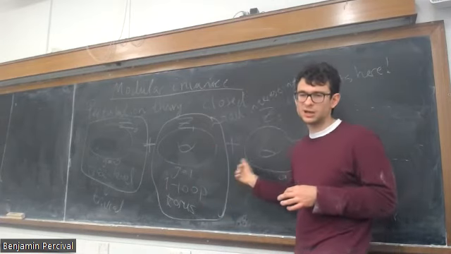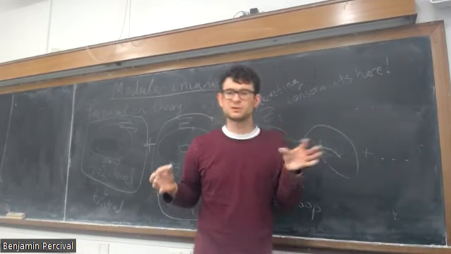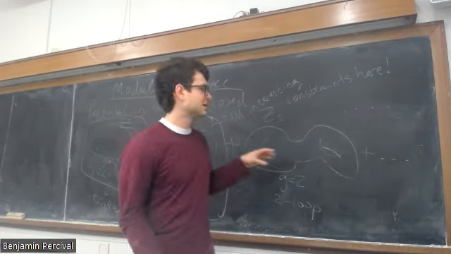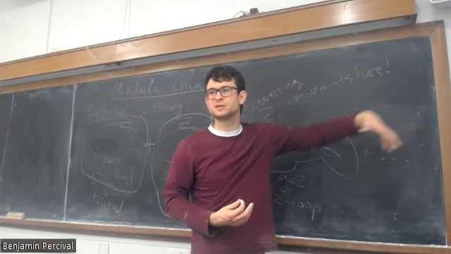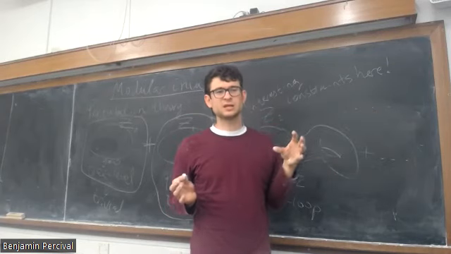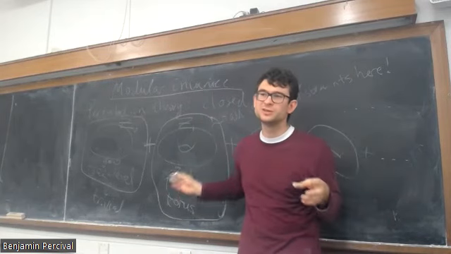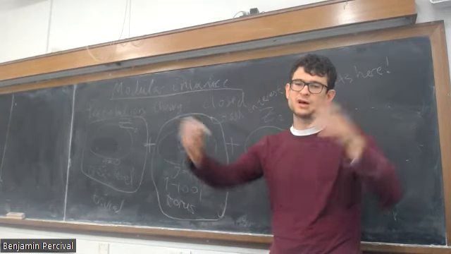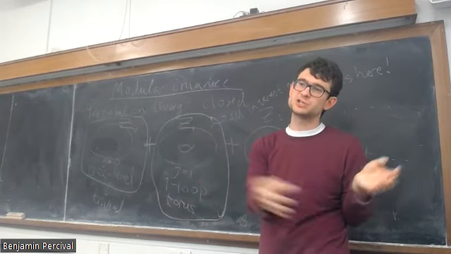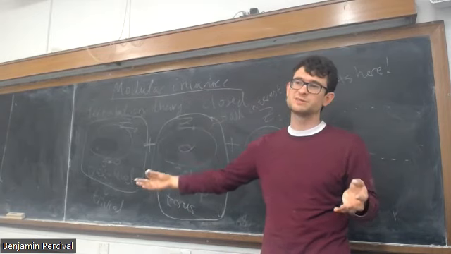The reason that the higher loops don't really matter is because, from a mathematical topology point of view, a higher genus surface can be decomposed into a product of genus one surfaces.